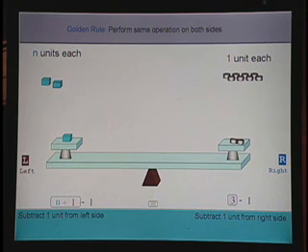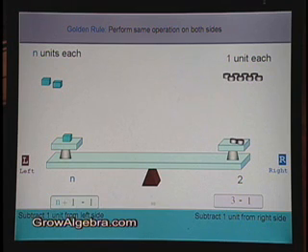On the right hand side we had 3 objects and then we took out 1 object, so 3 minus 1, which is equal to n equals 2. See how we solved our equation for n.